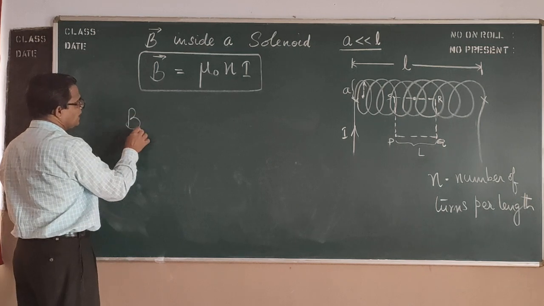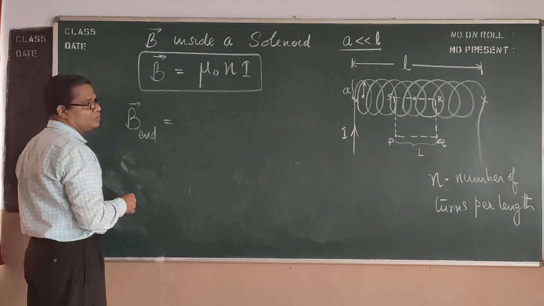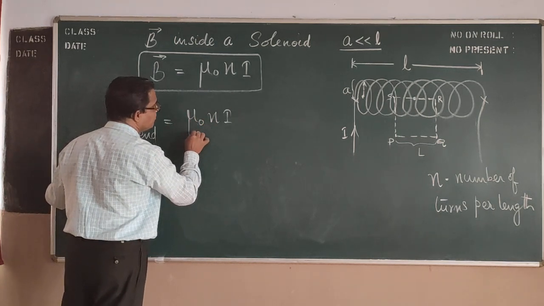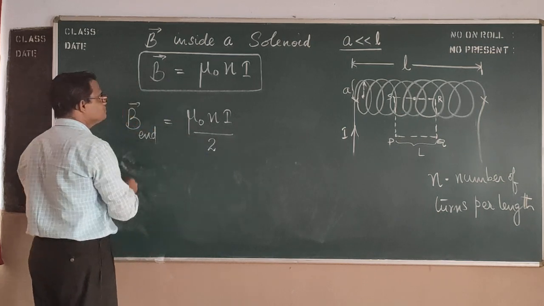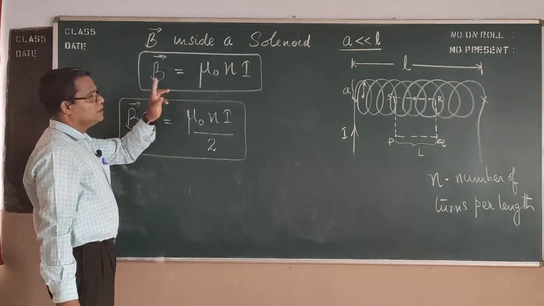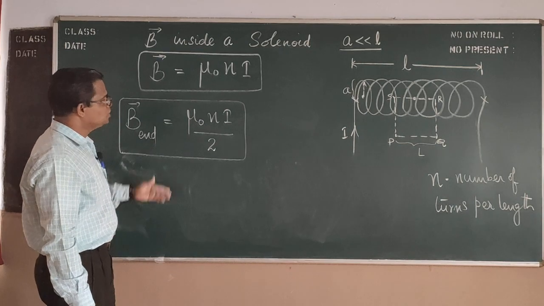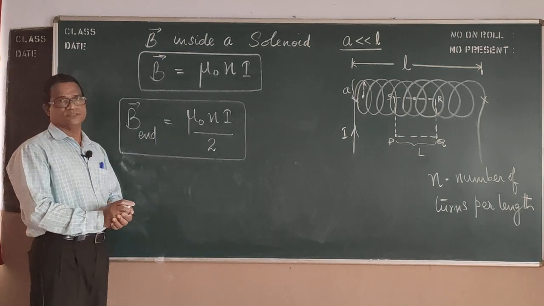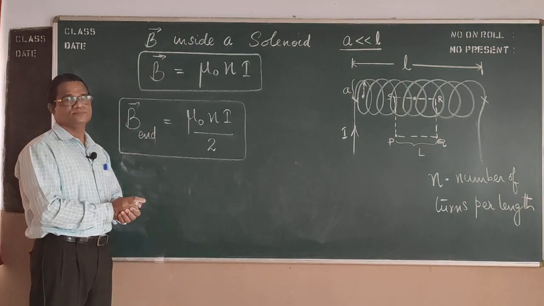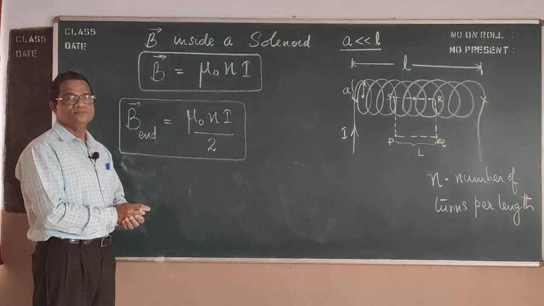So the field at one end point will be equal to mu 0 n I by 2. That is half of the field well inside. These two results are very, very important as far as this solenoid is concerned. Okay, that's all.